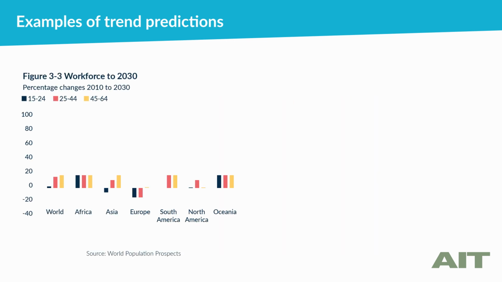One more example is about the percentage of work age people in the workforce up until 2030. And in some parts of the world, that number is decreasing, causing big issues within society.